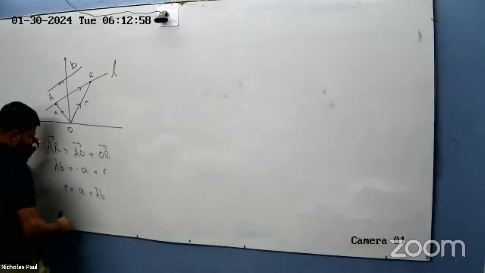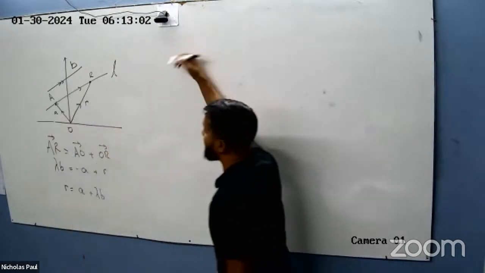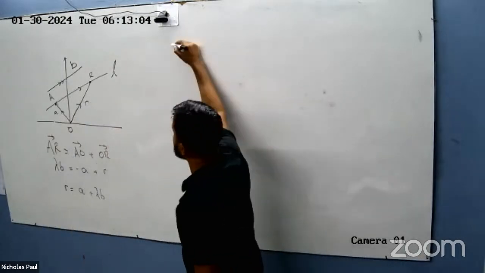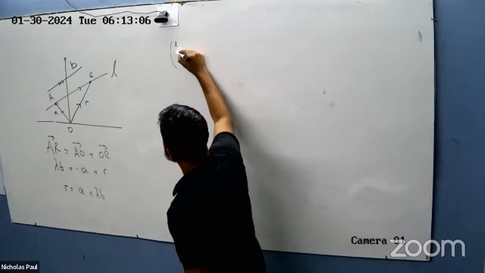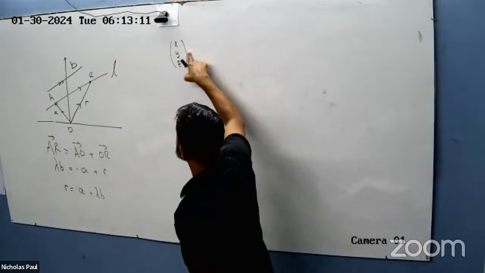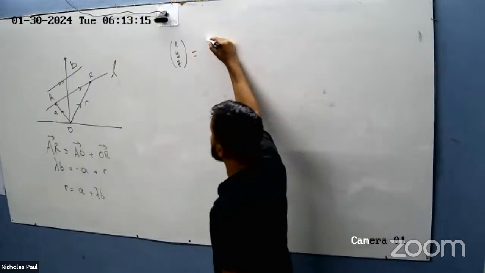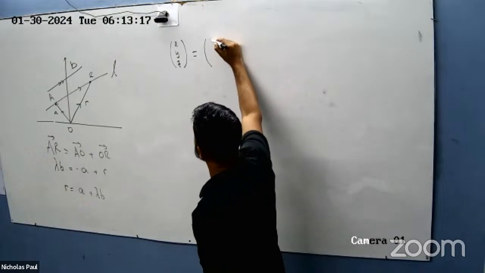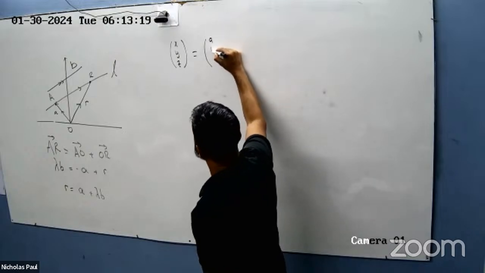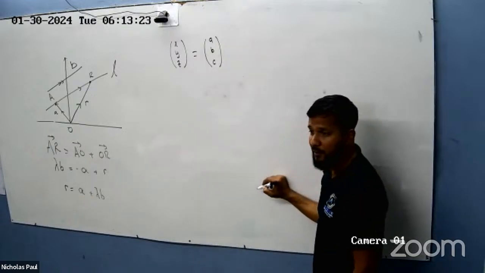Okay, so first thing first, we said that R was any point on the plane. So R is x, y, z. Right? Any point on the plane. We said that A was some random point. So let's call the point A, B, C. Okay with that?